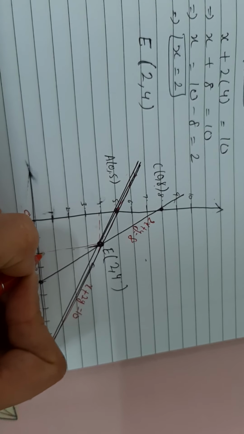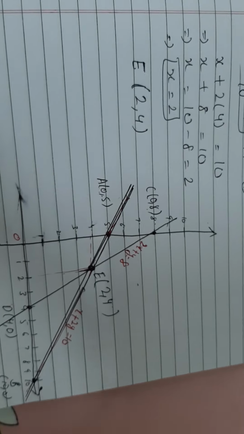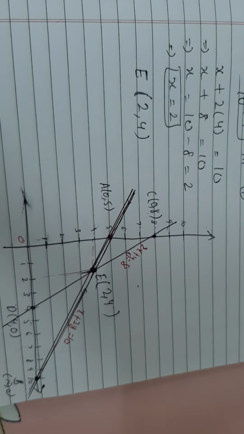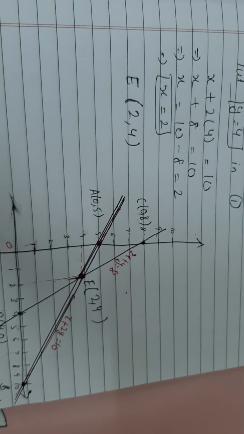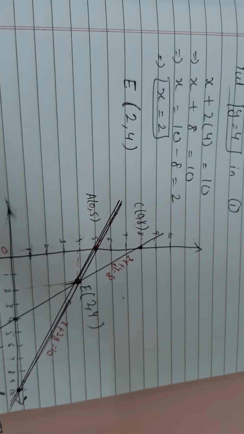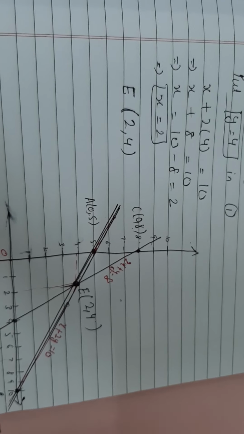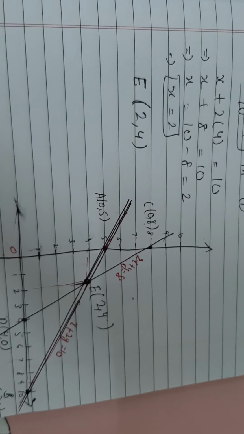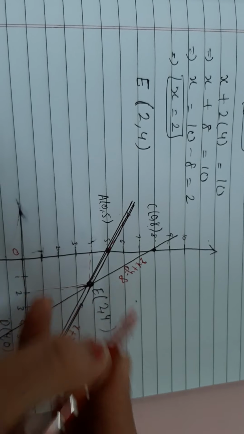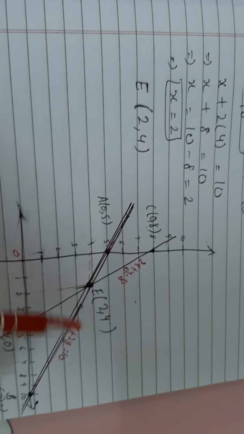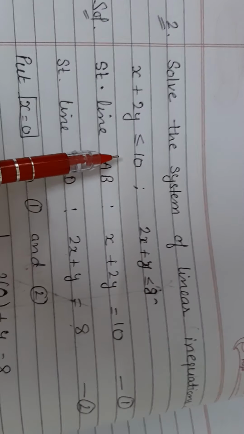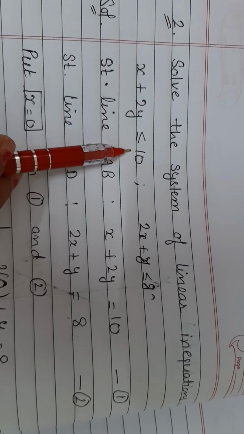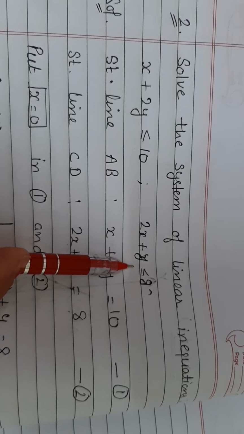Like this you can find it, but you should find it by a method, because sometimes a small difference in the point can occur. So it's better to find it by any method like the elimination, substitution, or cross multiplication method. Now in your constraints, this is less than or equal to 10 and this is less than or equal to 8.